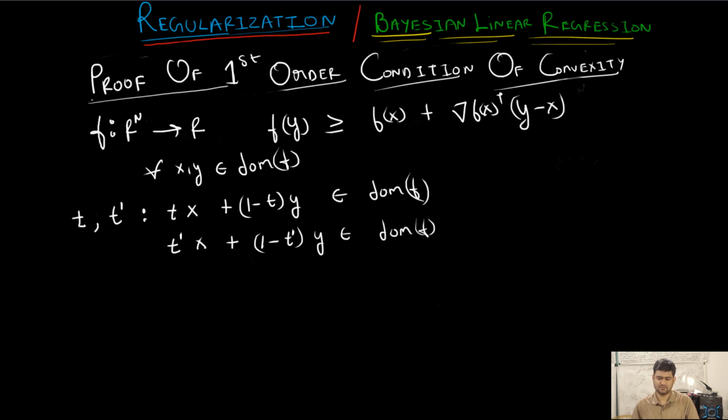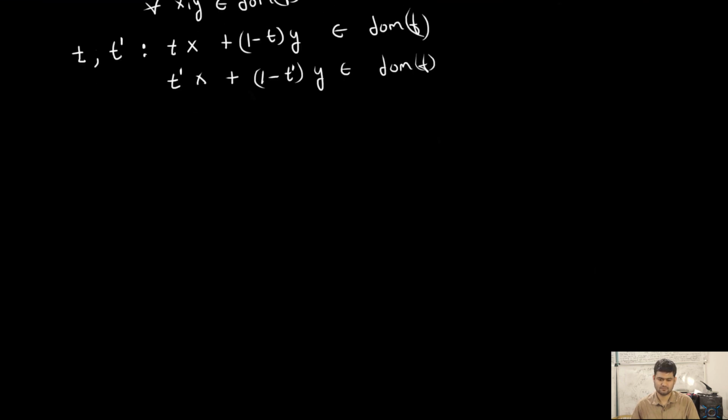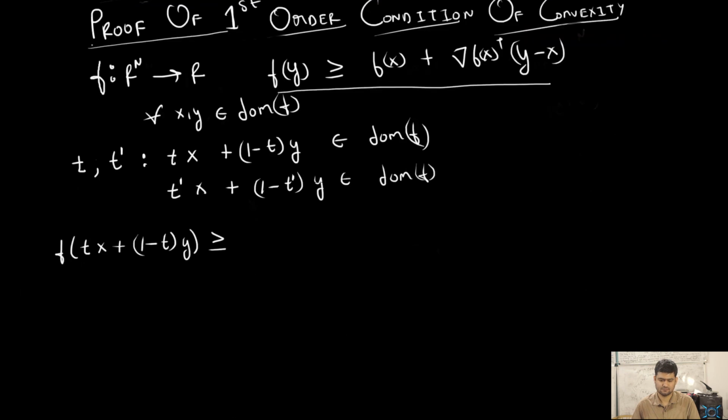So now we can use this property of the function. So what we get is f of t x plus 1 minus t y is greater than or equal to f of t prime x plus 1 minus t prime y.